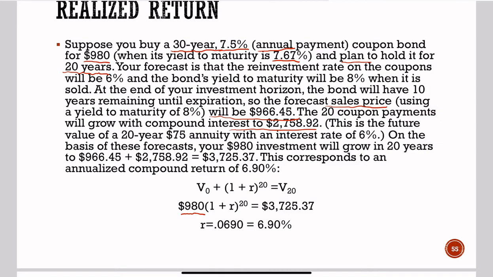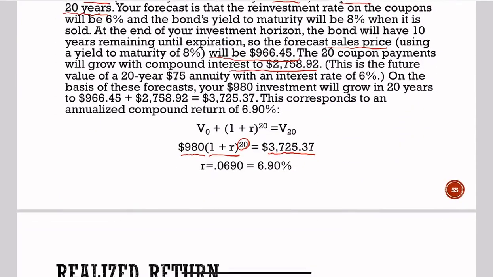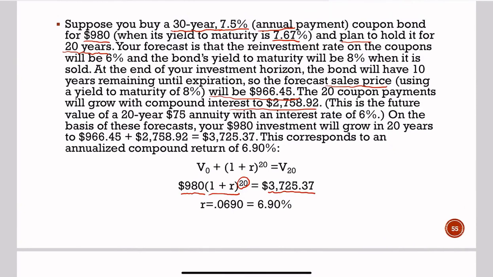So it's 980 = (1 + R)^20, because you have 20 years, times the final value, which is 966.45 plus 2,758.92. So this solves R equals 6.9%.